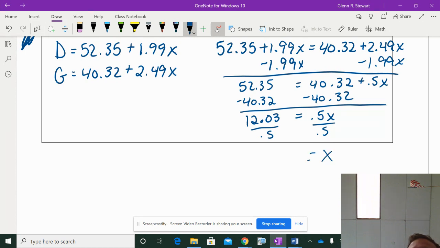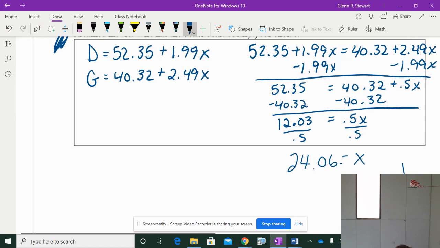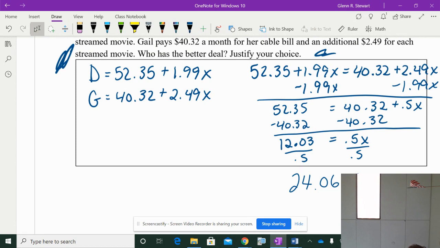X equals 24.06. Okay, so at approximately 24 movies is what we call the break-even point. Now what we'll want to do is find out how much it'll cost for each of them if we let x equal 25.